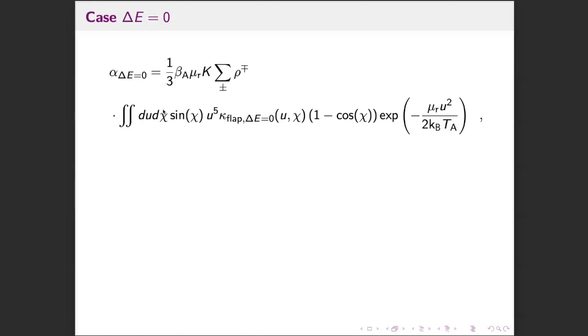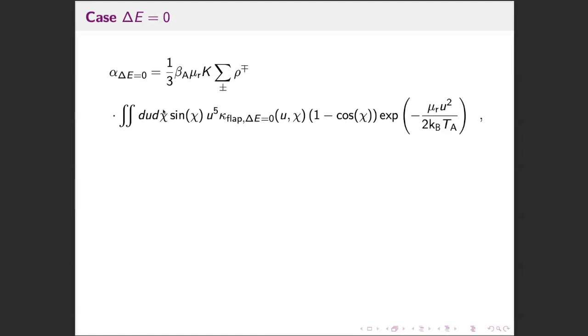So what you see here in the integrand is all terms that are positive. And the most important one is this one. This is 1 minus cosine of the scattering angle. This term is always positive, but it's most positive when chi is equal to pi, which means you have a frontal collision.